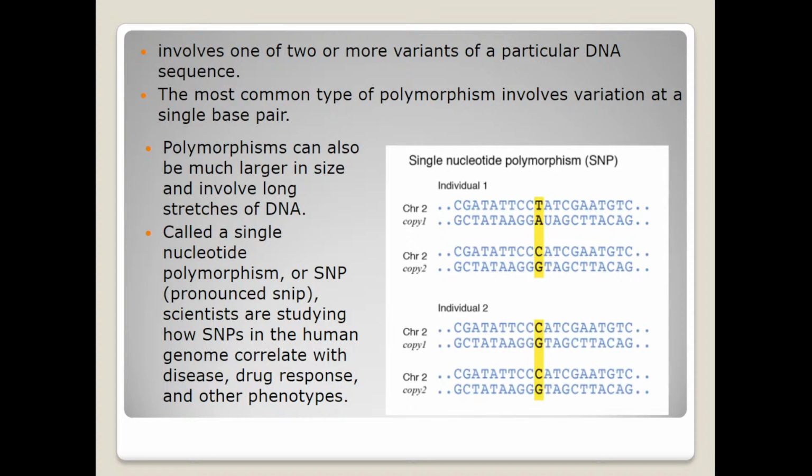And you can see here the polymorphism has differences. Every chromosome has a different situation. For example, individual 2 in his chromosome 2 copy 1 and copy 2 has the same polymorphism and is homozygote, but previously individual 1 was heterozygote.